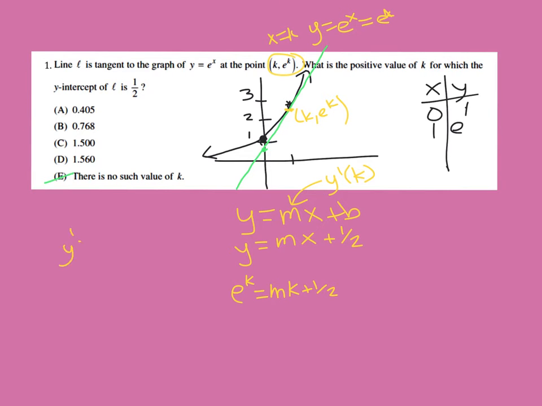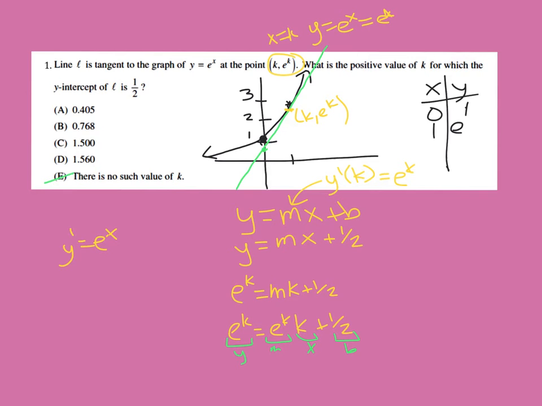Now, y equals e to the x is like the best function ever because its derivative is also e to the x. If we find the derivative and evaluate it at k, it's just going to be e to the k. So just to recap, this was my y value, this was my x value, this is my intercept, this is my slope. So it's y equals mx plus b.